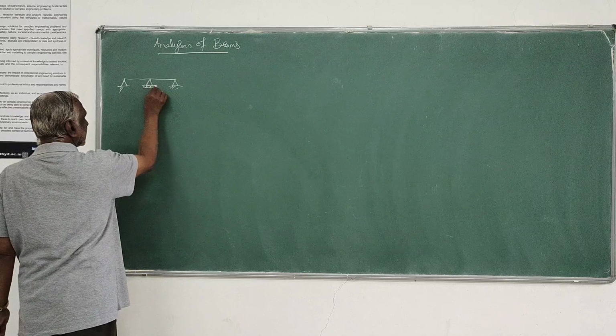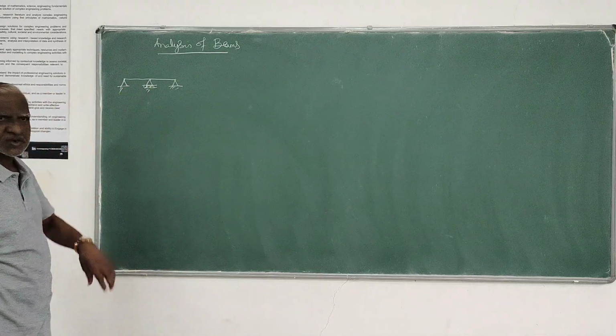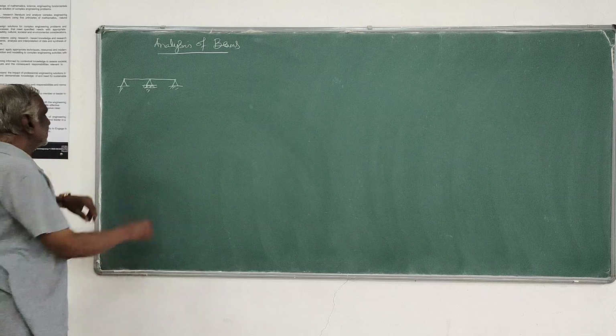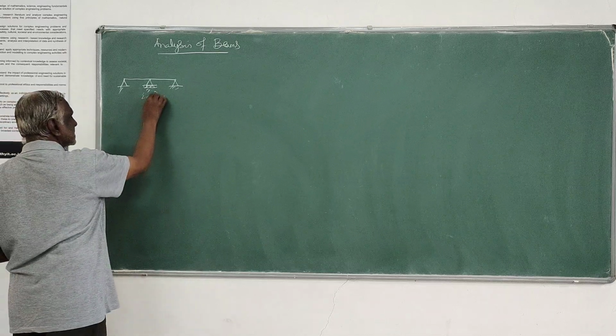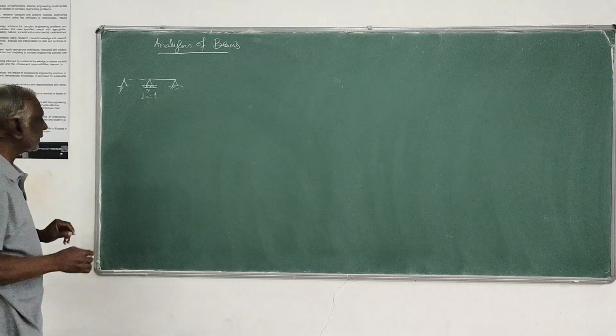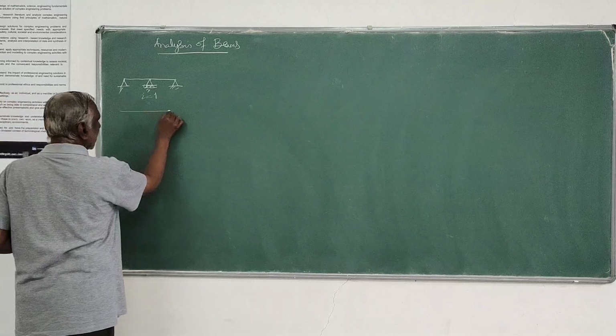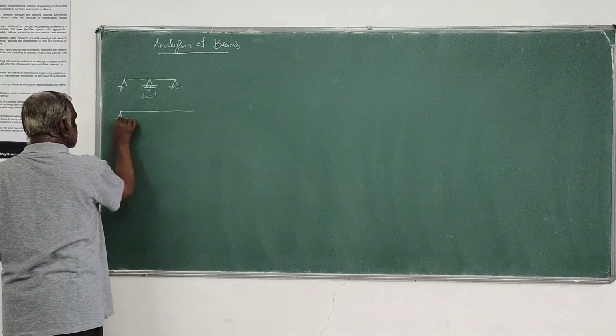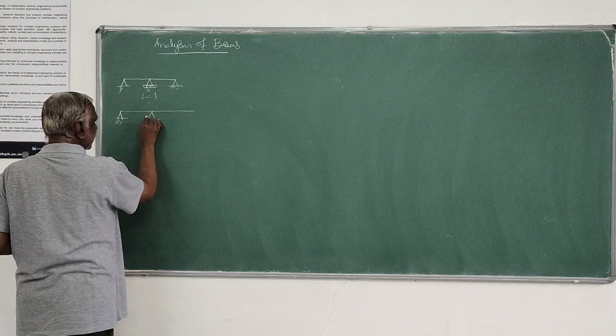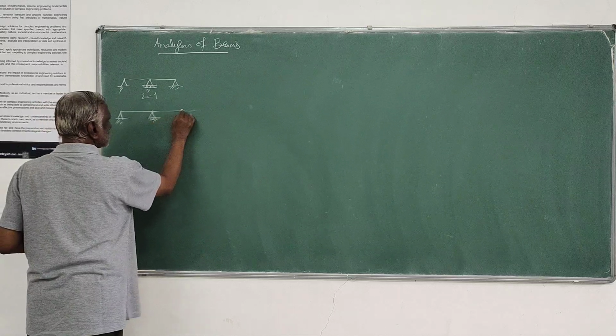get for working purpose. One is this two-span beam, for which degree of redundancy is 1. This type of problem you will get. Another 2 spans or 3 spans you may get.